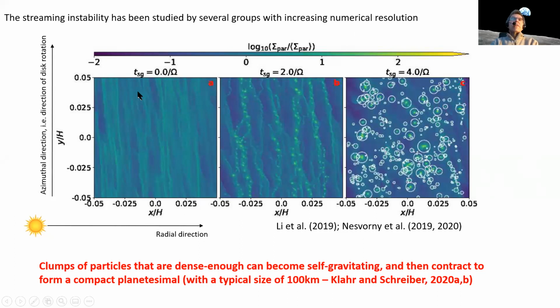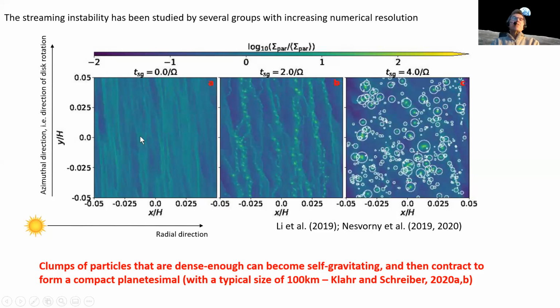Each panel is actually a representation of what's going on in the midplane. This is the radial direction, the sun being in this direction, and this is the azimuthal direction, that is the direction of disk rotation. And again, the colors show the ratio between the density of the particles and the mean initial density of the particles, so the particle-gas ratio, if you want.